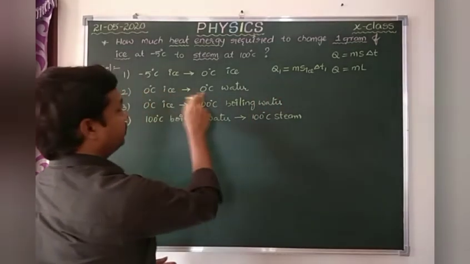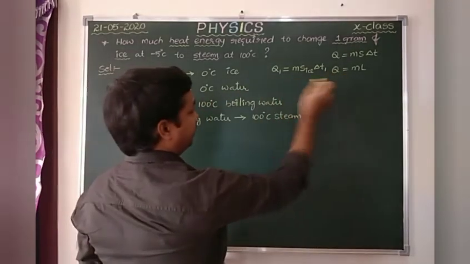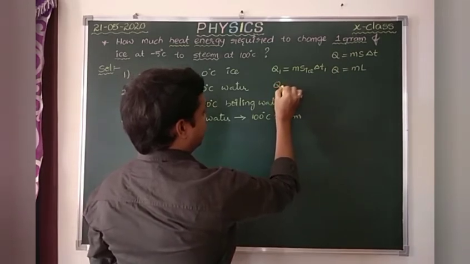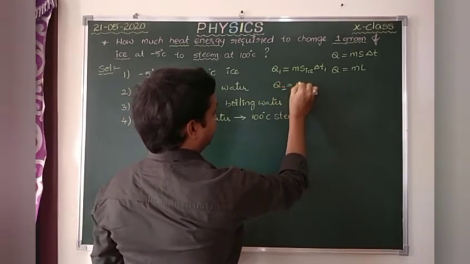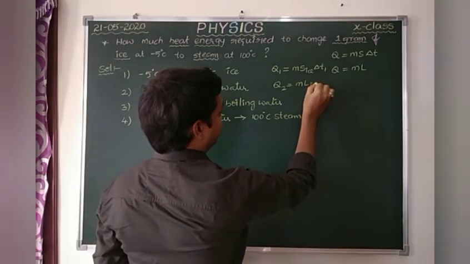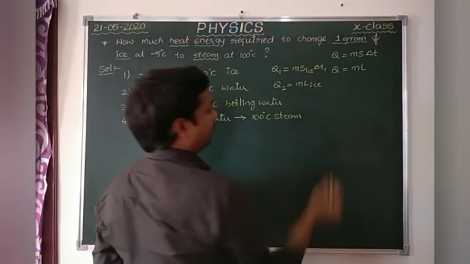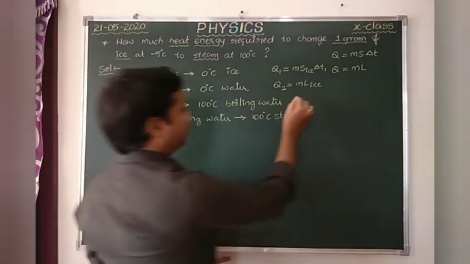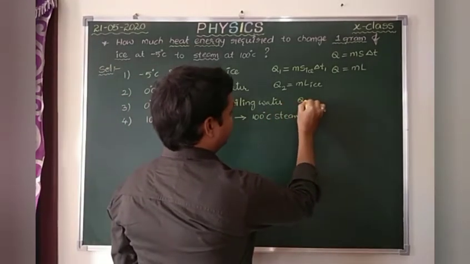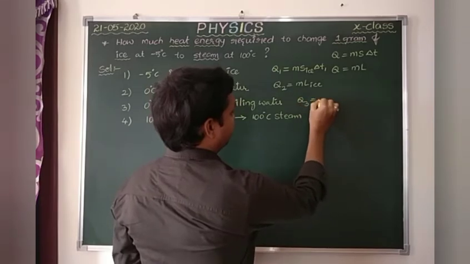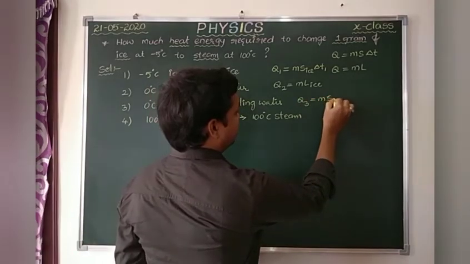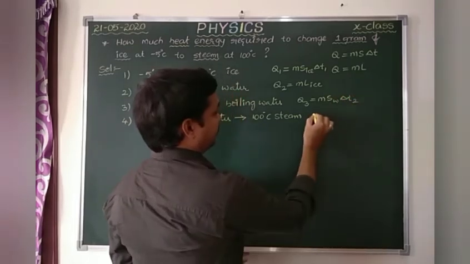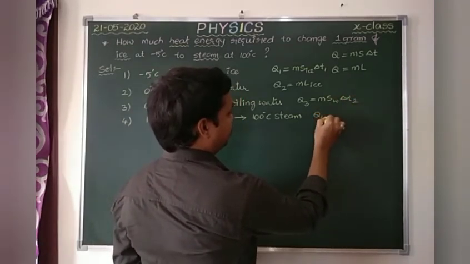For the second stage, there is no change in temperature, so we take m L ice, where L ice is called the specific latent heat of fusion. And third, boiling water: Q3 equals m s water delta T2. And what is the formula used for this stage?